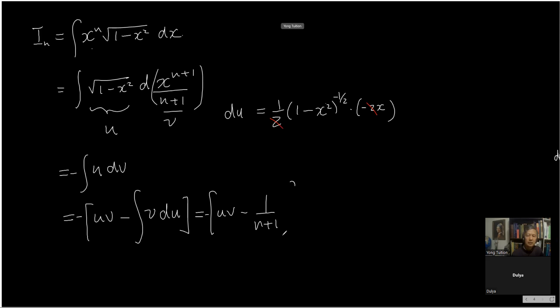So that integral will become v du, that is v, x to the n plus 1, multiply this one, du. Du is x divided by root 1 minus x squared dx, all right?